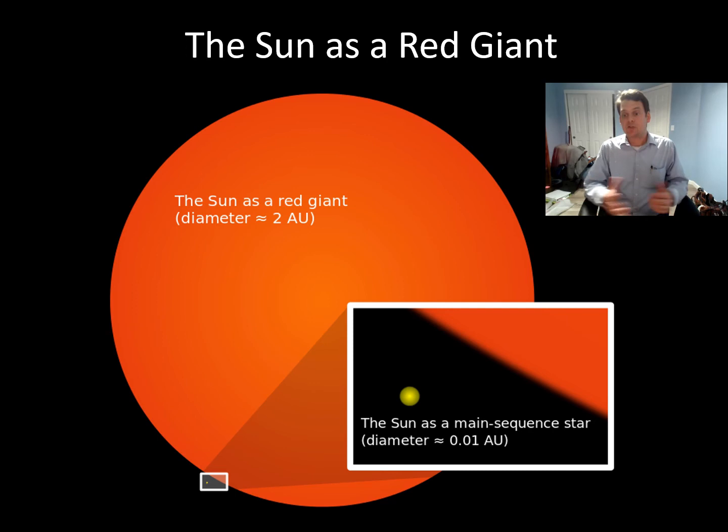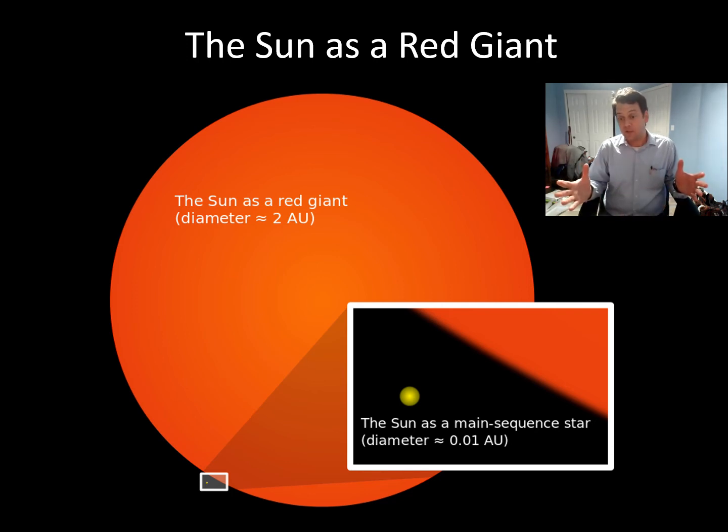When the sun turns into a fully fledged red giant, it will completely swallow Mercury and Venus, and will just about get out to the Earth's surface. That will be bad news for any living thing on Earth.